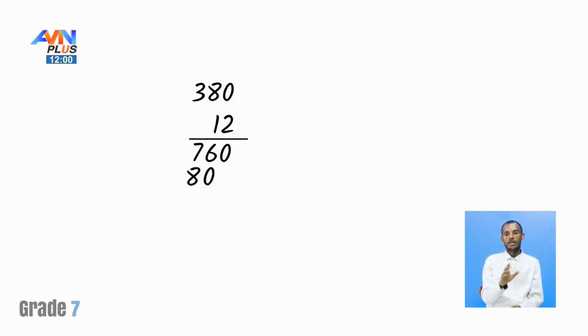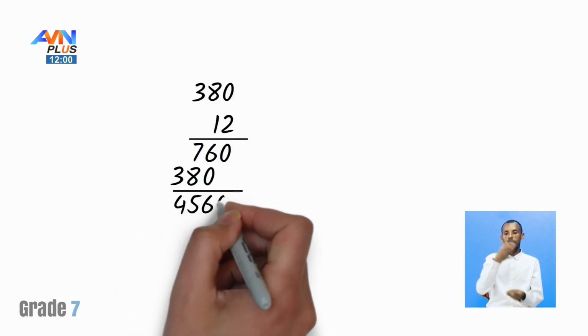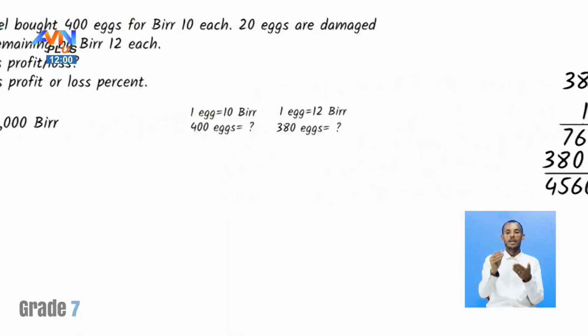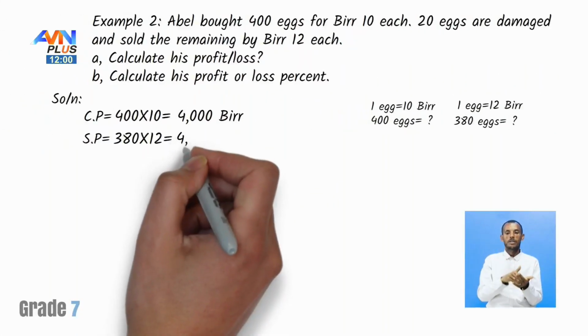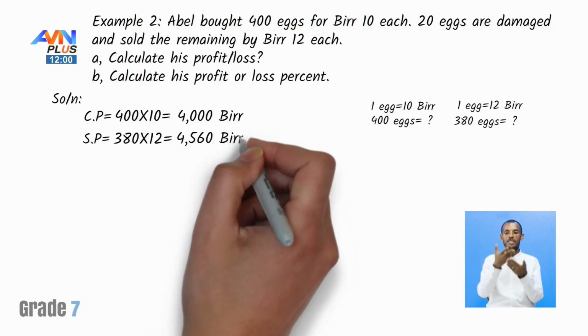Add these, you have 0, 6, 7 plus 8 is 15, 1 plus 3 is 4. Therefore, the selling price is 4,560 birr.